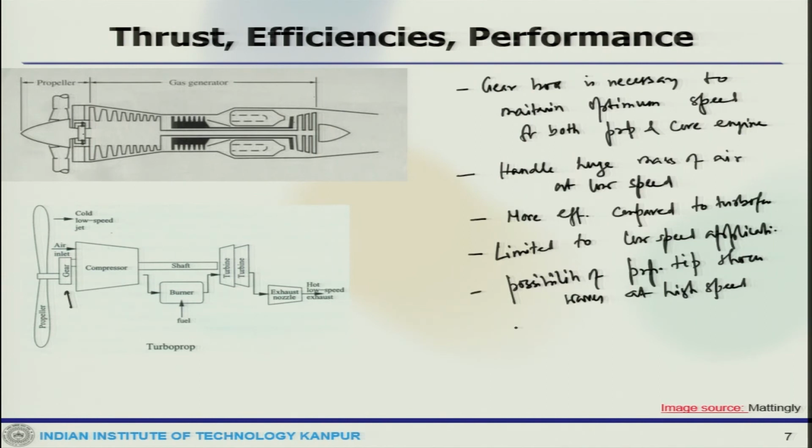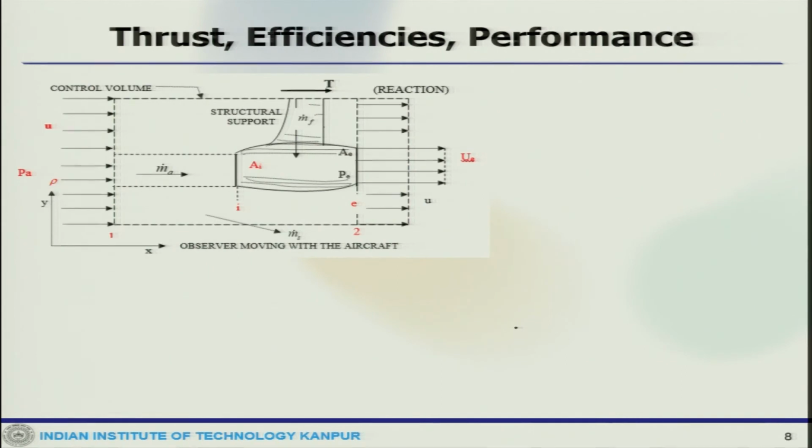Now, we can look at the calculation of thrust. Let us take a system like this, where the inlet area is A_I, and this is the structural support just to keep this in place, and this is a free body diagram, and this control volume that we have taken, this is the inlet mass flow rate, and we have inlet, exit, stations 1, 2, and then upstream velocity, temperature.